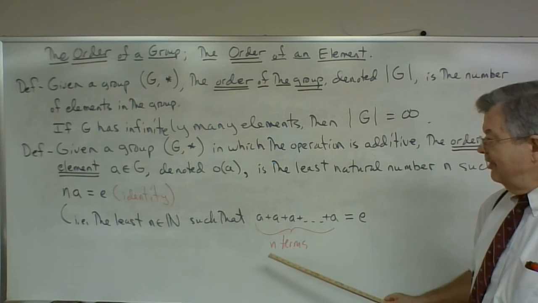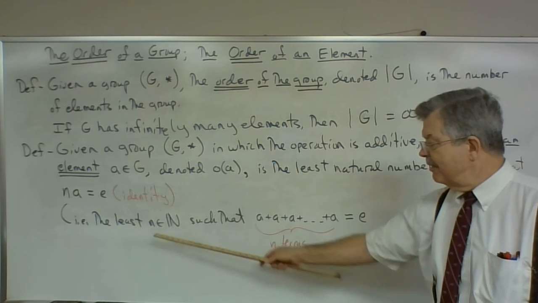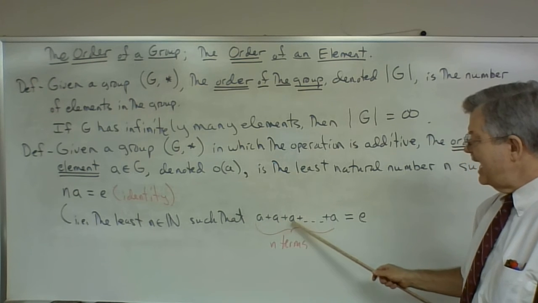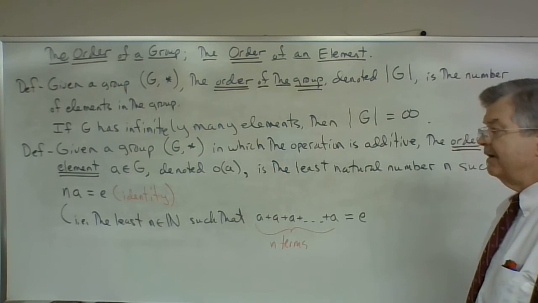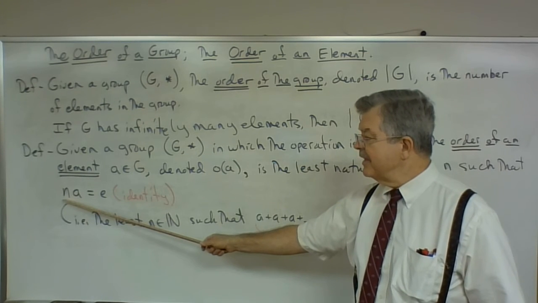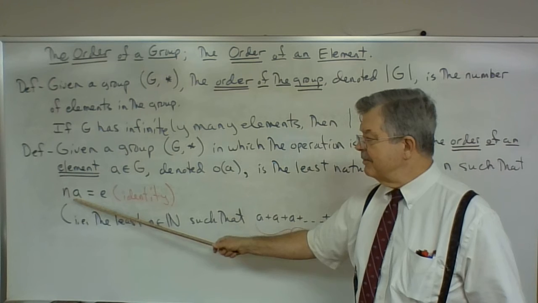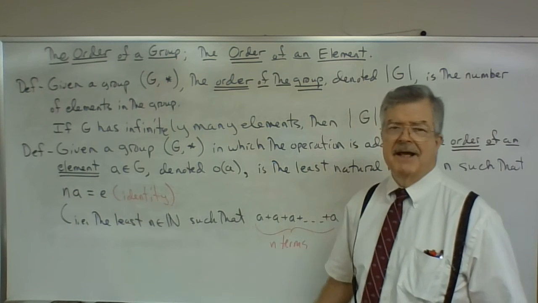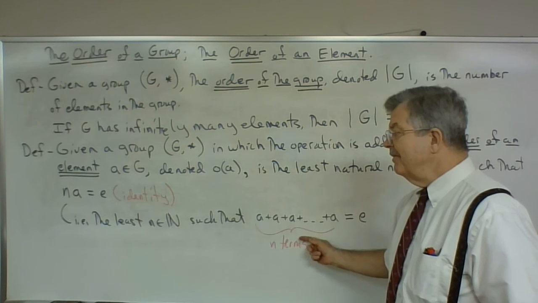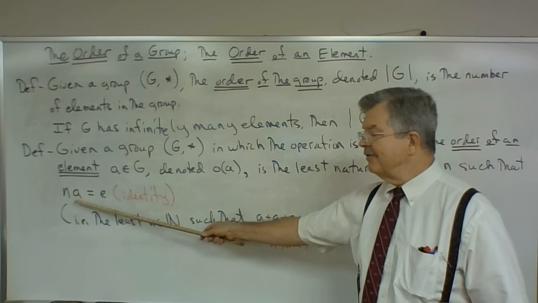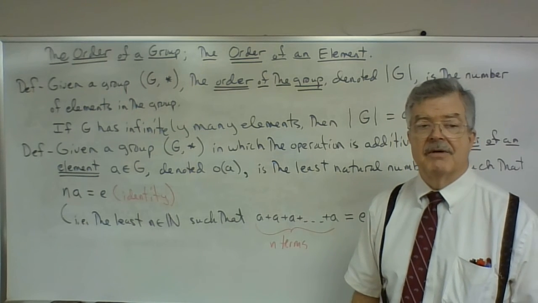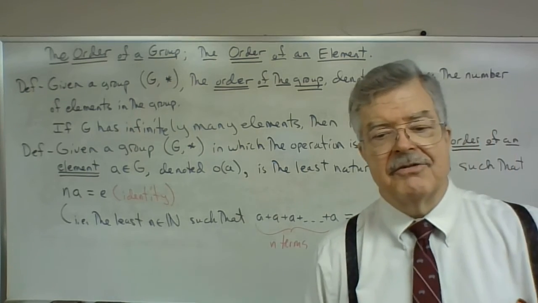Now, the least number of times n that we have to add an element to itself to get the identity is exactly the same as the least natural number such that when we multiply an element by that natural number, we get the identity. Same thing. So this and this aren't just notations for the same thing. Mathematically, they're equivalent. Now let's look at some examples.